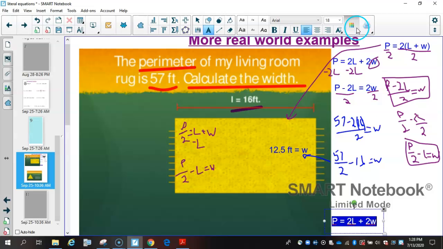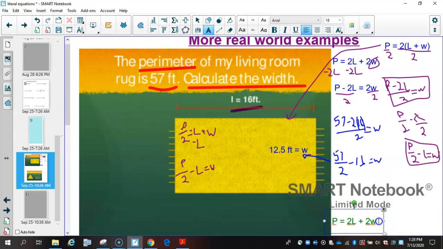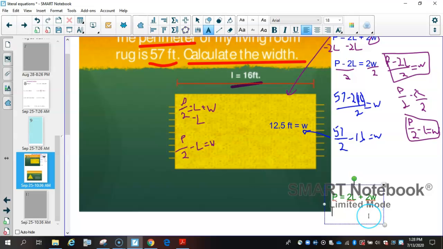I wanted that to be green. And then from there say, well, I know P is 57. I will rearrange this here in a second so that that Smart Notebook limited mode is not on top of these. Equals 2 times, we know our length is 16, plus 2 times, we just found that our width is 12.5.